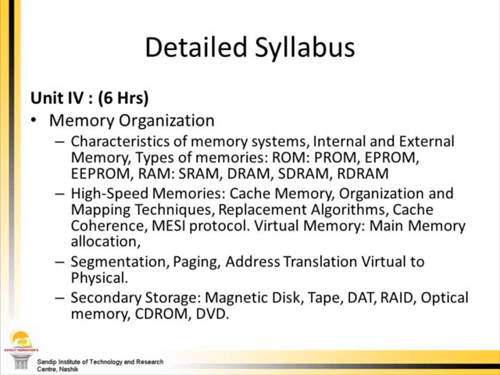This particular unit contains characteristics of the memory, that is internal, external, including RAM, ROM, all types of RAMs, then high-speed memories, cache memories, its organization, virtual memory, main memory, all these are the part of that, including segmentation, paging, address translation mechanism, and the secondary storage devices such as magnetic disk, tape, DAT, RAID, optical memory, CD-ROM, and DVD-ROM. Okay, that is from unit number 4.